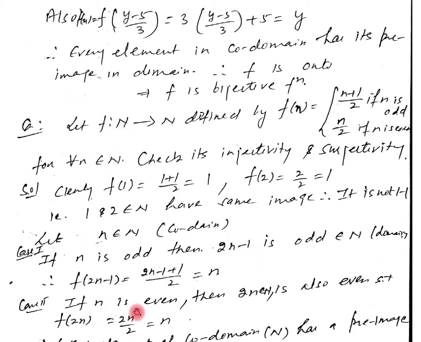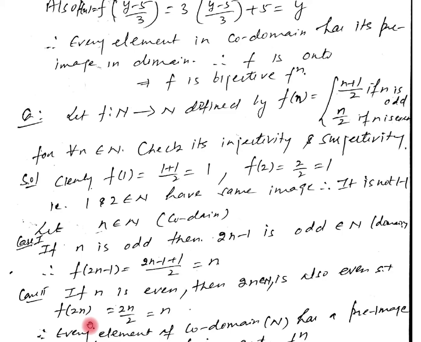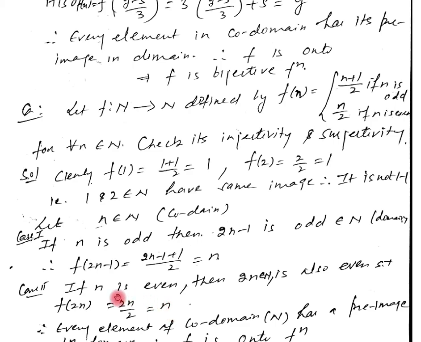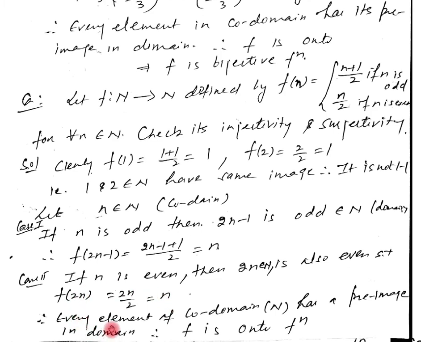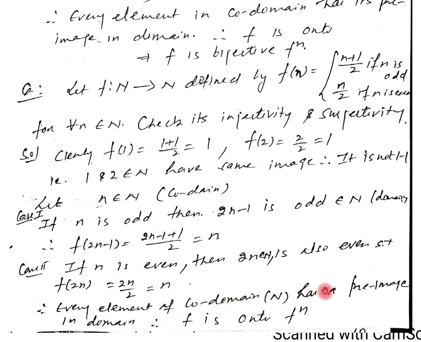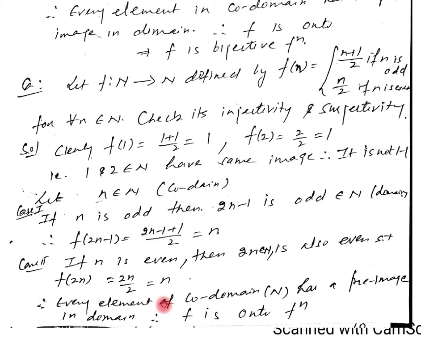Now if n is even, then 2n belongs to N and is also even, such that f(2n) is even. So it is given by f(2n) = 2n/2 equal to n. Again we have proved that n is the image of some element from the domain. Now every element of the codomain has a pre-image in the domain, and therefore the function is said to be an onto function.